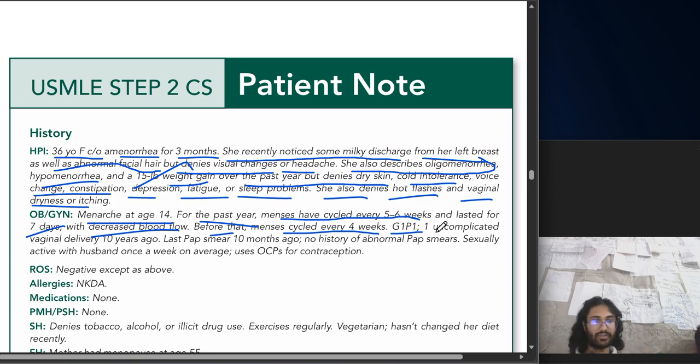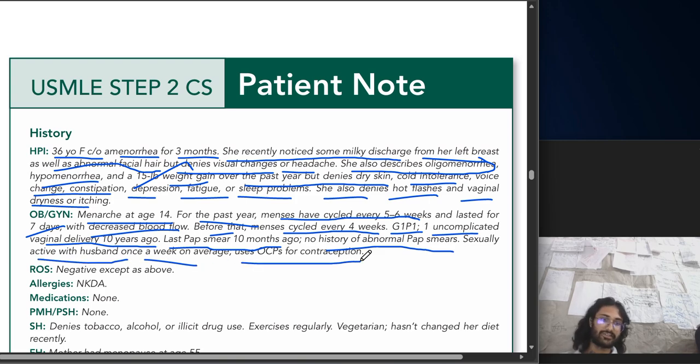Okay, no abortion. Okay, one uncomplicated vaginal delivery 10 days ago. Uncomplicated means not complicated. Okay, last pap smear was done 10 months ago. No history of abnormal pap smear. Sexually active with husband once a week on an average. Uses OCPs for contraception. All these things you need to write. Okay, in this way.